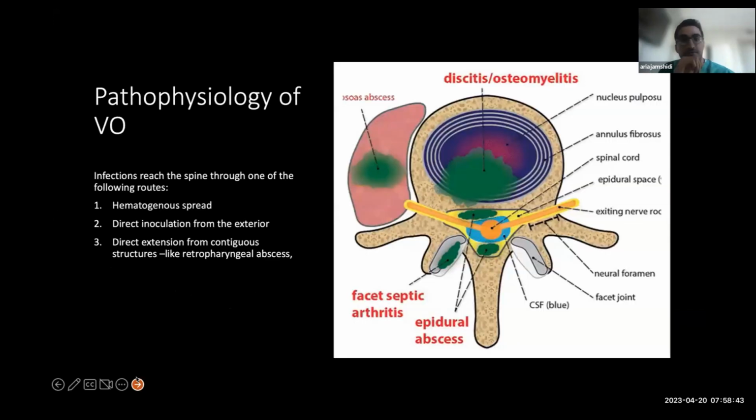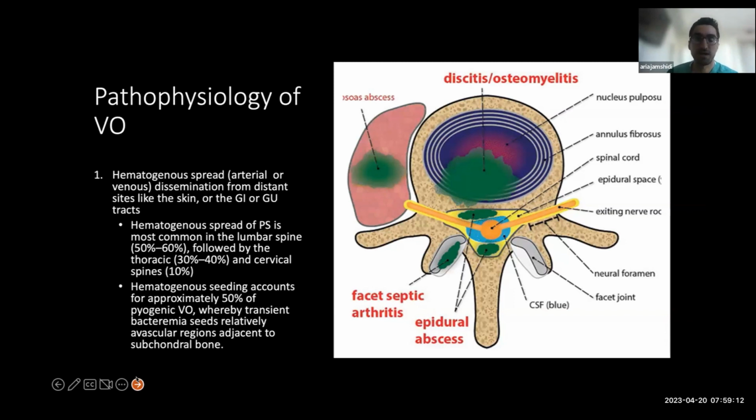Now I want to go over the pathophys. So in terms of the way in which infection may spread to the spine, as we briefly just discussed, the first is obviously hematogenous spread. Next most common is direct inoculation from the exterior, so from some sort of intervention, a laminectomy, or an epidural injection. We just had a patient a few weeks ago who presented that way. Or direct extension, again, from a contiguous structure.